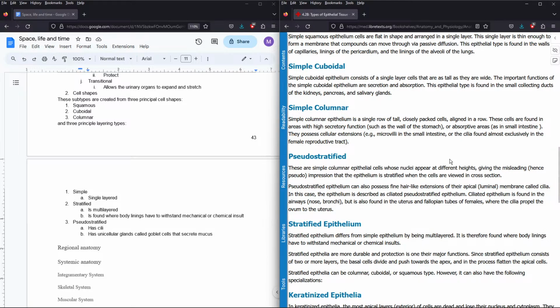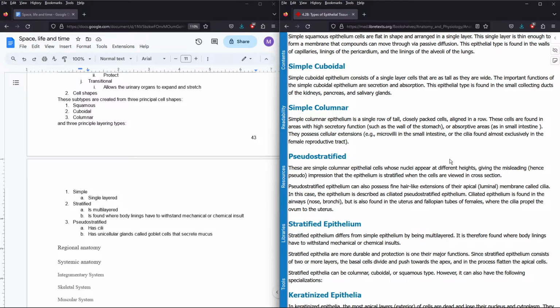Then we have simple columnar. Simple columnar epithelium is a single row of tall, closely packed cells aligned in a row. These cells are found in areas with high secretory functions, such as the wall of the stomach, or absorptive areas, as in the small intestine.